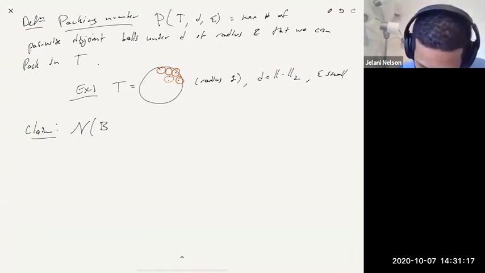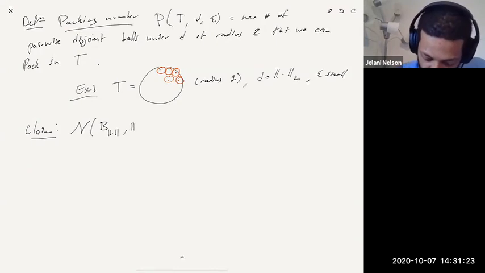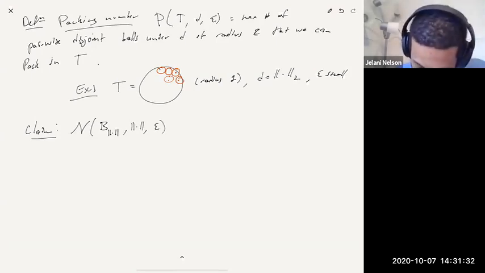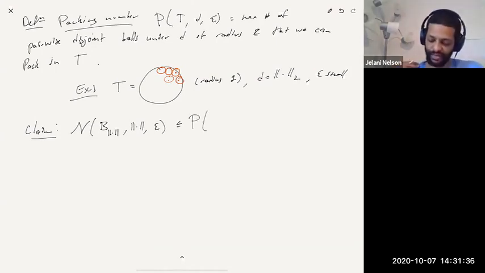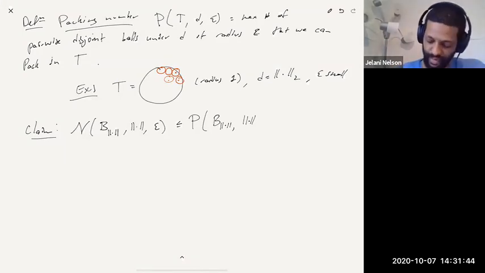Let's look at the ball of some norm, and let's try to get an epsilon net of it in its own norm. So this is not necessarily a Euclidean norm, it's an arbitrary norm, with radius epsilon. I claim that this is at most the packing number of the ball under that norm with radius epsilon over 2.